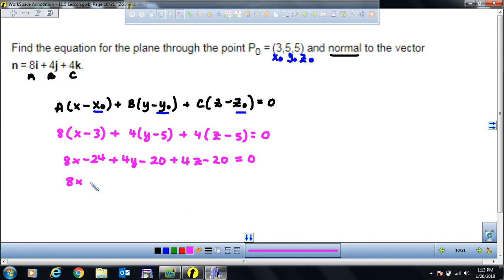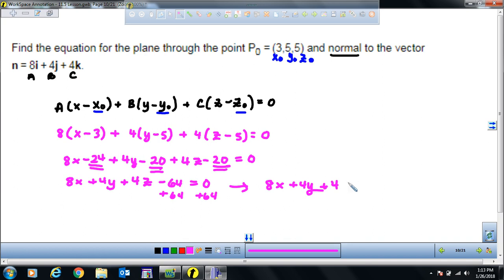I'm going to put the 8x plus 4y plus 4z together and all the constants together. So negative 24 minus 20 is negative 44, minus 20 is negative 64, equals 0. And to put it in standard form, let's move the constant over to the other side. That will give us the plane 8x plus 4y plus 4z equals 64.